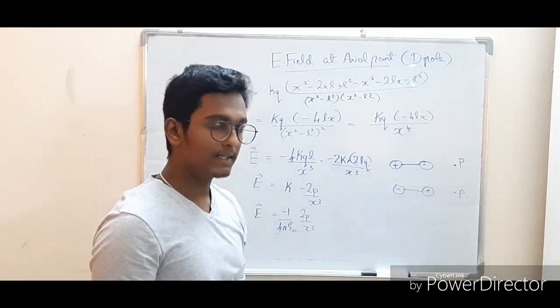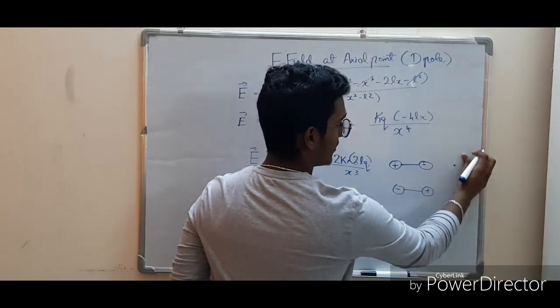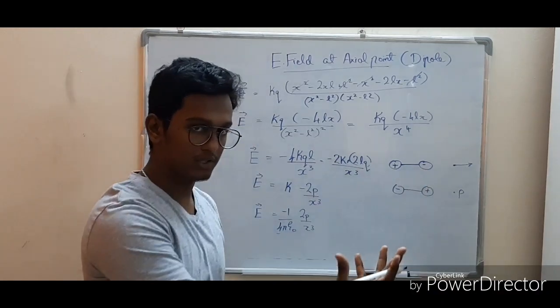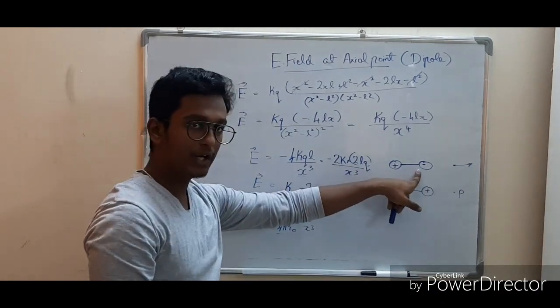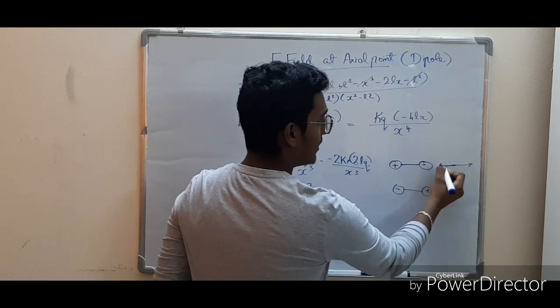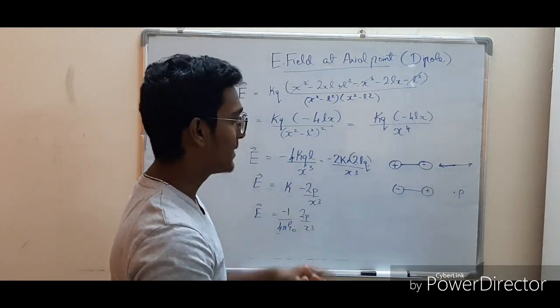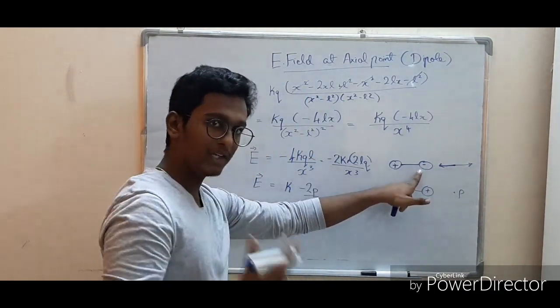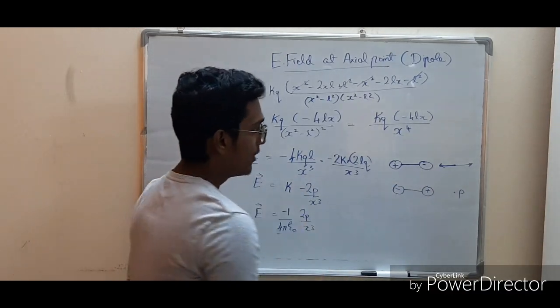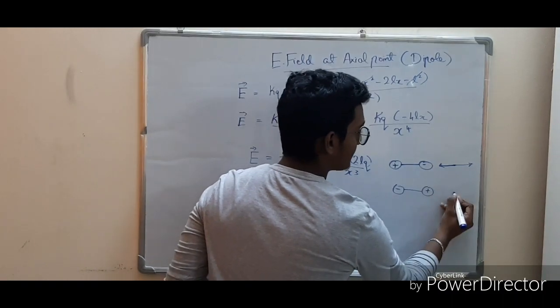So what do you think is going to be the direction of the electric field due to this positive charge? Positive and positive repel. So the direction of the electric field at this point due to the positive charge is going to be away from the positive charge, and due to the negative charge it is going to be towards it. Negative and positive attract. So you see they are in opposite directions, but this one is going to be stronger. That's why the net electric field is negative. It's in the left hand direction. Over here is the opposite case.